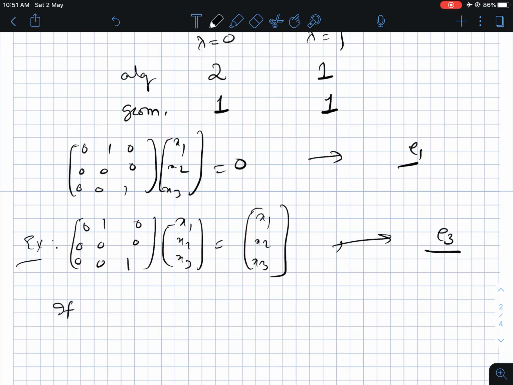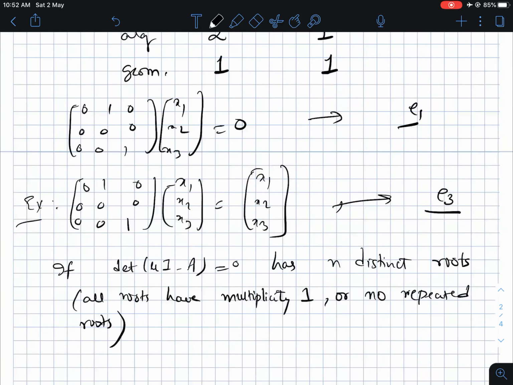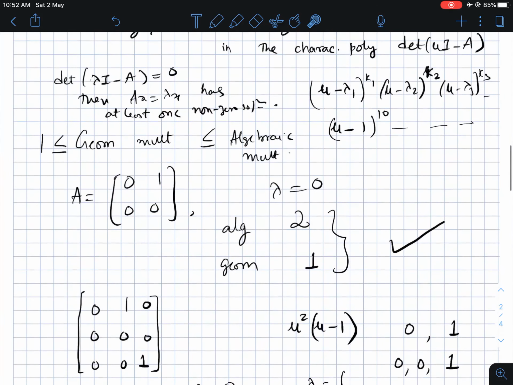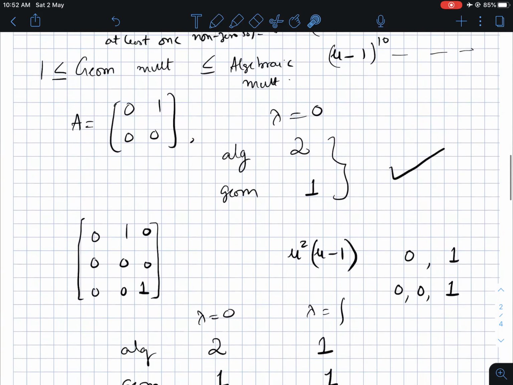If the characteristic polynomial of the matrix A, determinant of mu I minus A equal to 0, has n distinct roots, meaning that all roots have multiplicity 1, or no repeated roots, meaning that all the algebraic multiplicities are 1, then all the geometric multiplicities become 1.